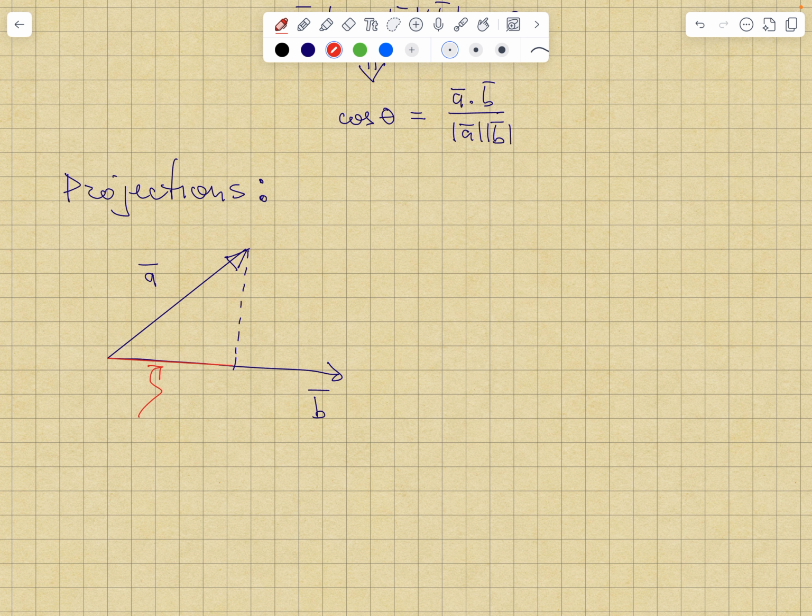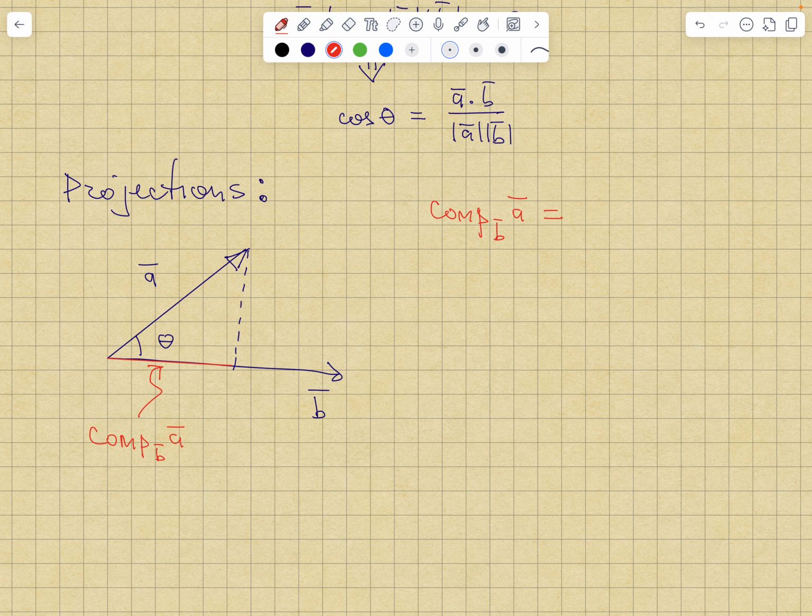This is called a component of A onto B, and it's easy to see, I hope, that if the angle between A and B is theta, then the length, this comp AB, can be determined simply by taking the length of A, right?